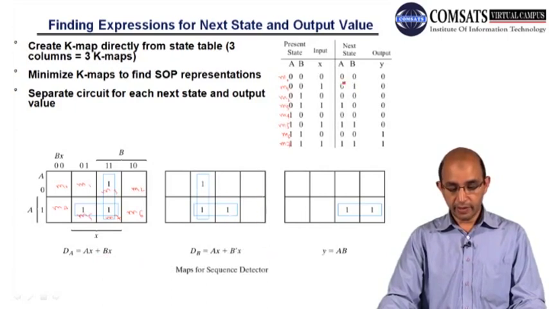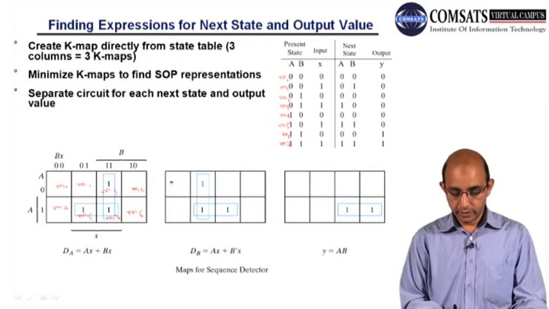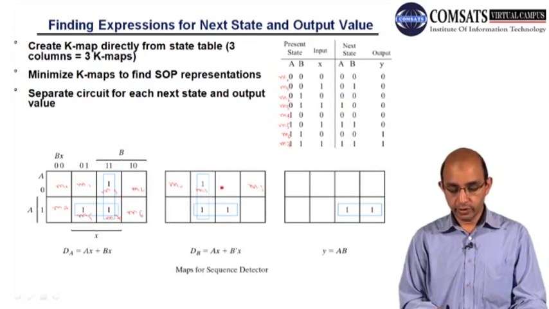And similarly, we can do the same job for B. So for B, we have M1. So let me write down: we have M0, we have M1, and then M2. This is M3, and here we have M4, M5, M6, and this is M7.